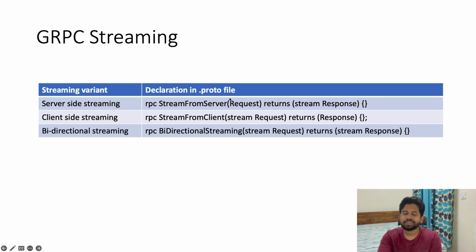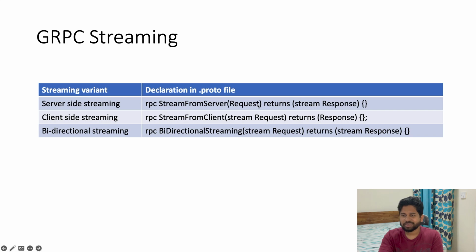You can imagine this with the frame of reference of a server. When I write these methods, they must be implemented on the server side. So if a client is making a request to a server to get the data, the server will have a method named stream from server with a parameter as request and the response as a stream response, which in this case in Java is Observable.